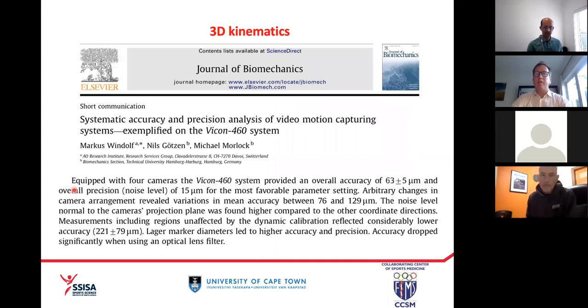If we look at the accuracy of 3D kinematic systems and we look at the literature, we get these sorts of results where the accuracy is purported to be within less than 1/10 of a millimeter in terms of differentiating between points. So that is an extremely high level of accuracy.